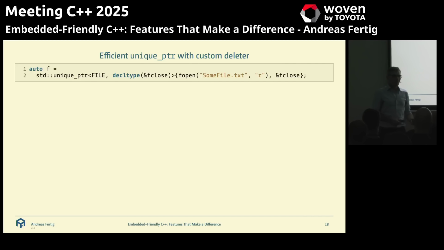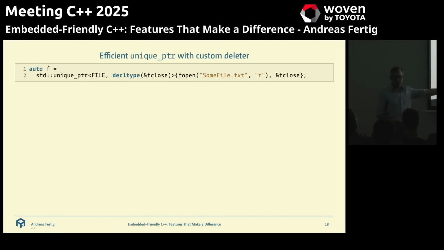It opens the scope for too many mistakes. So the first thing is we now have to provide a signature to the unique pointer that says it takes a FILE and a decltype of fclose. Because I can't remember what the exact function pointer signature for fclose is, does it return void or an int? I always forget, and I don't care in this scenario, so I use the decltype. I provide a custom deleter here, but once I start providing a custom deleter, I have to provide this function that's then called.